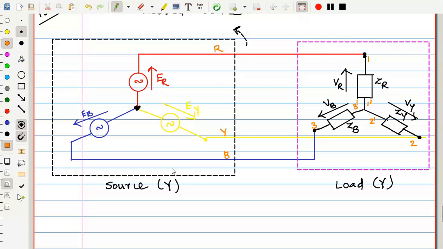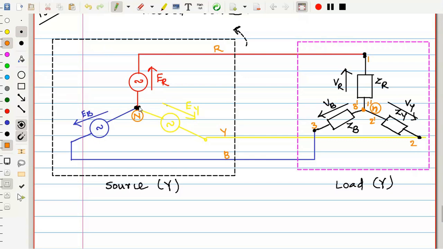And one more thing I want to point out, that there is a common terminal which we generally call neutral for the source, and there is also a common terminal for the load which we also call neutral. Let me represent the source neutral with capital N and the load neutral with small n.